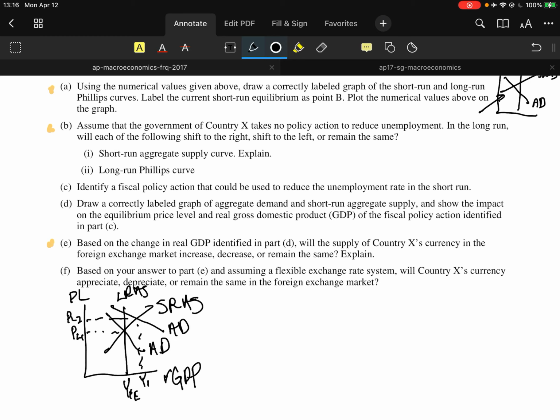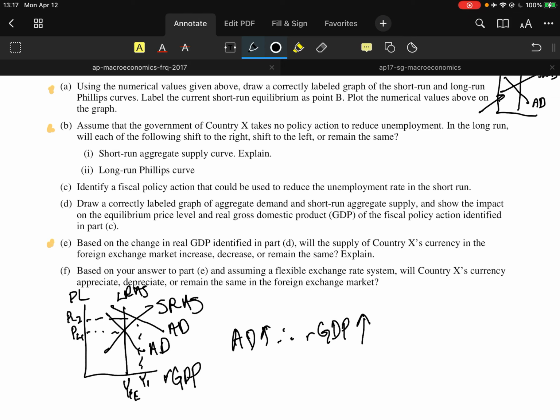That's true, but the default thinking for the AP is if AD increases, which means real GDP or output has also gone up, we assume that the country is richer. And a richer country typically means that a middle class or a larger group of people within that country demand imports from other countries.